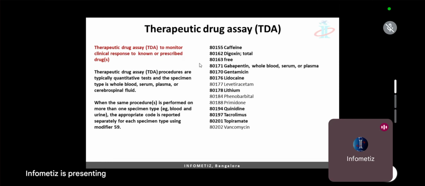Just a rough example. Now I am claiming that in my drug, if you take 100 mg, 90 mg will be absorbed. That is the better one then. So for that I can do a therapeutic drug assay. That is, in a clinical trial, how it is absorbing, how much it is there in the body. So that is a therapeutic drug assay.